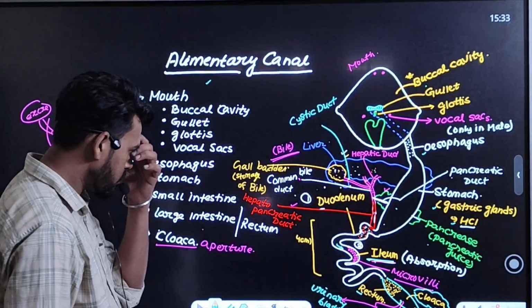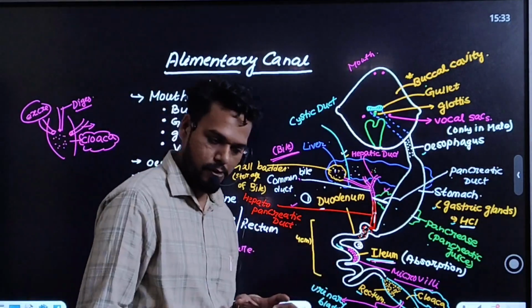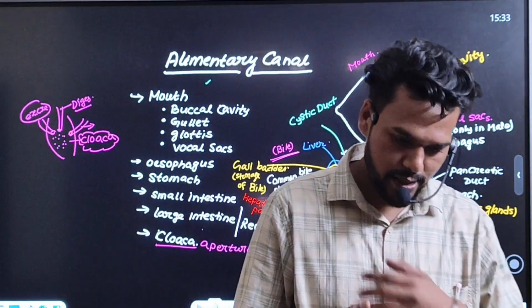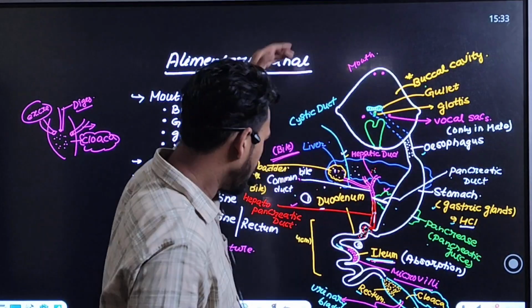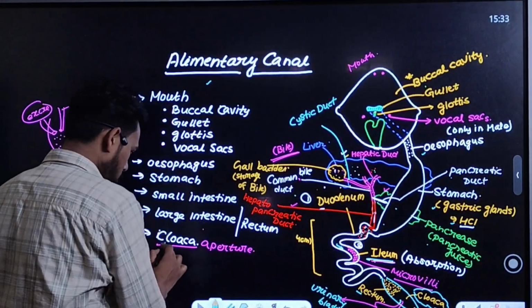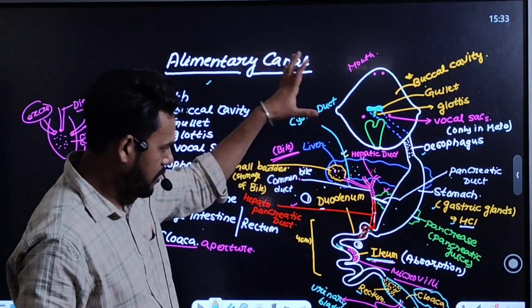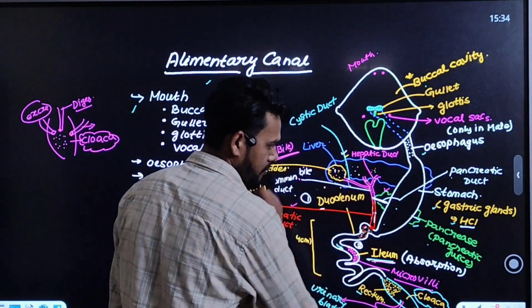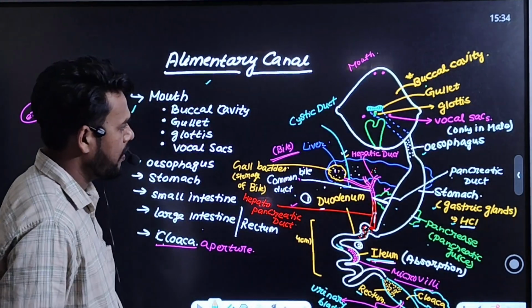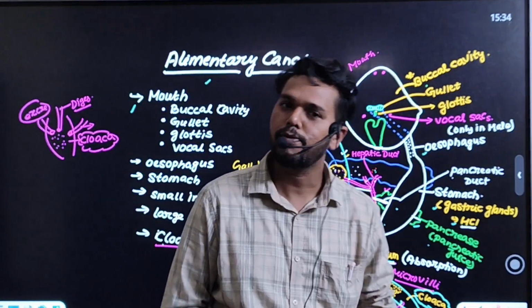So in the frog, this is the complete digestion process which is done through the alimentary canal, starting from the mouth to the cloaca and cloacal aperture, and the associated glands contain two types of glands, pancreas and liver. So this is the digestive system in the frog. Thanks for watching the video.